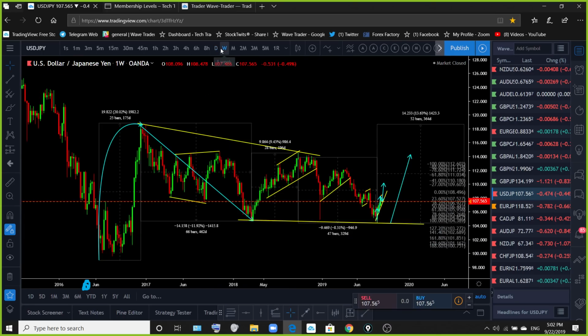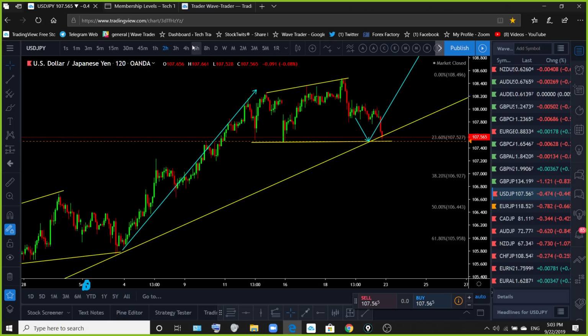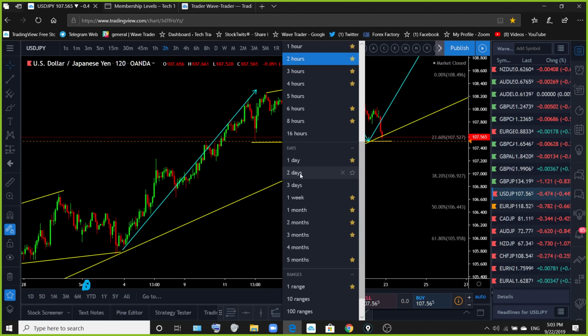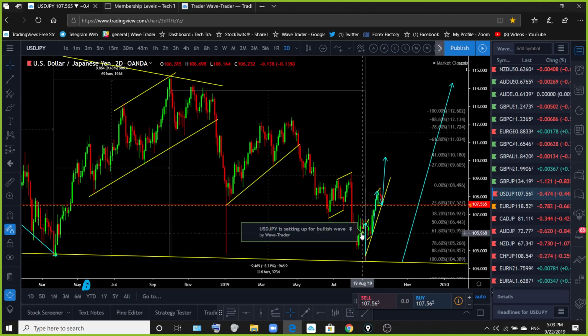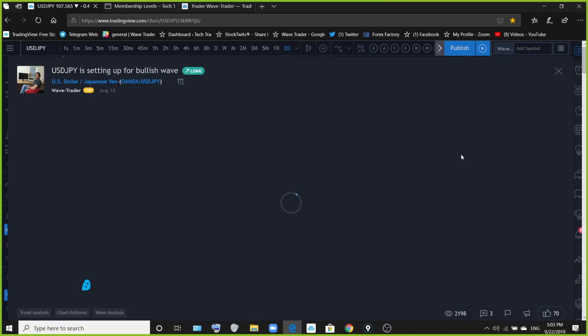So maybe on a bigger time frame, like 2 days. So we are looking for dollar yen to continue to keep pushing higher for a longer run.